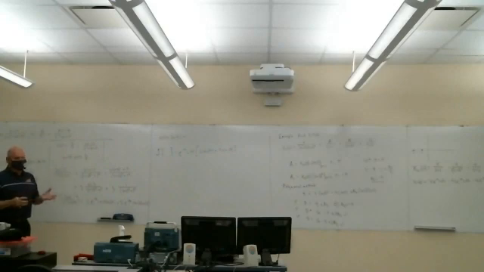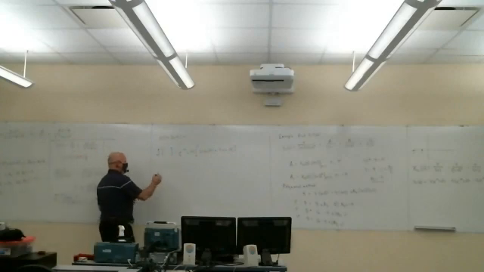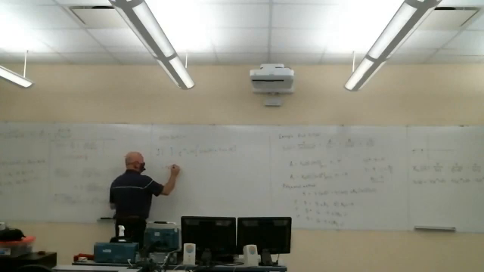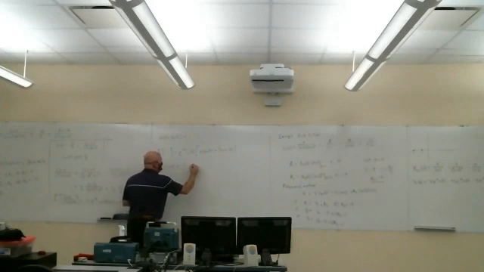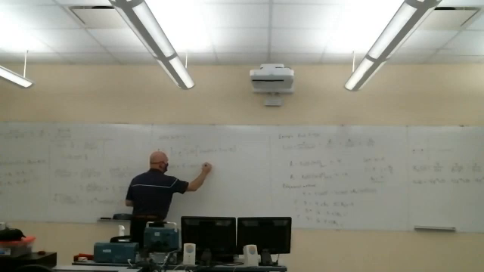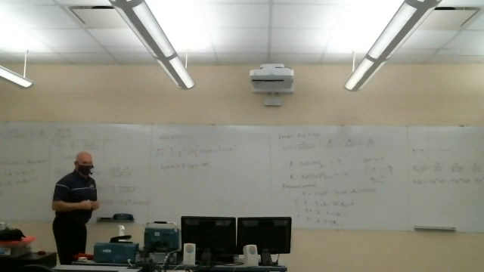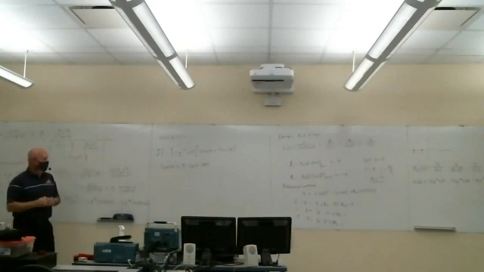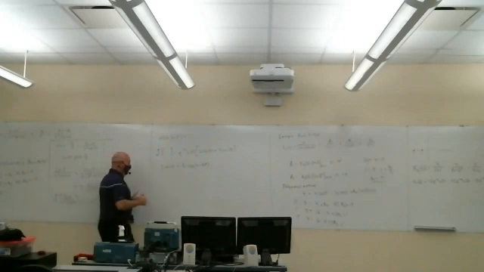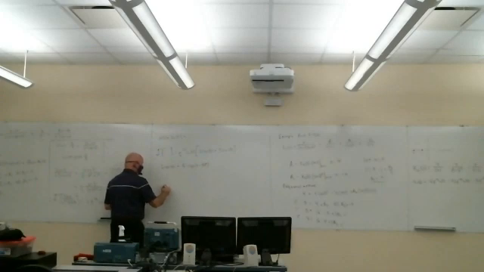I always use phasors. You have to write the sine as a cosine. But a cosine shifted to the right by 90 degrees is a sine. In phasor land, this is 2 at an angle 0, or just 2. This is 5 at an angle of negative 90, or minus j5.